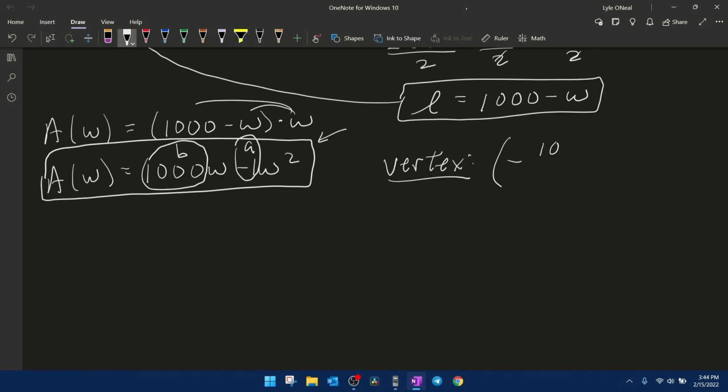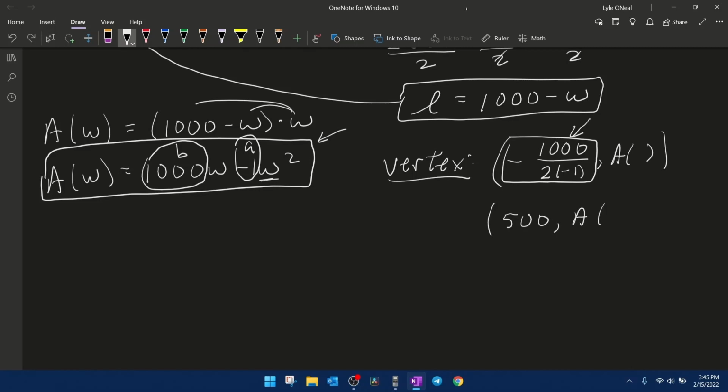That's going to be minus 1,000 over 2 times -1. And then f of, or in this case A of, whatever that is, will give us the maximum area in square feet. So the x-coordinate of the vertex, this calculation, is going to give me the width that gives the maximum area. That's going to be 500.